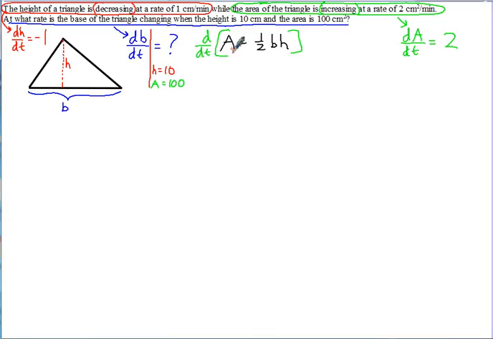So the derivative of A, well, that would just be 1, but if the variables don't match up, dA dt, equals, and then in order to take the derivative of 1/2 b times h, that's where we're going to have to use the product rule. We treat the first function as 1/2 b, and the second function as h.